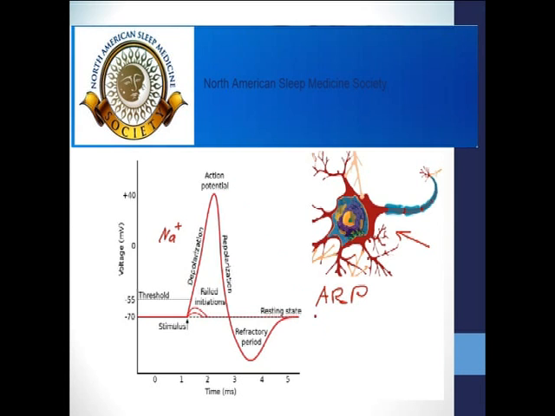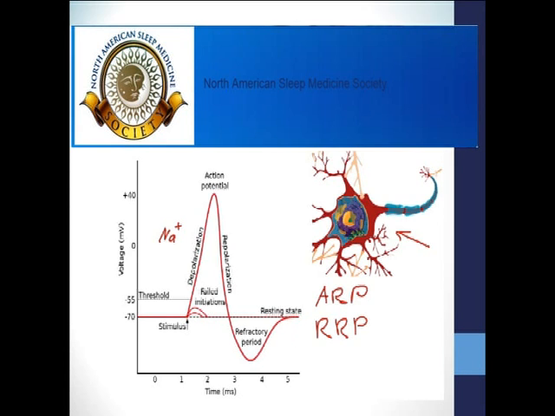That is the relative refractory period. And that continues. More and more channels are being reset to the closed state, and when they're all reset to the closed state, that is the end of the relative refractory period.